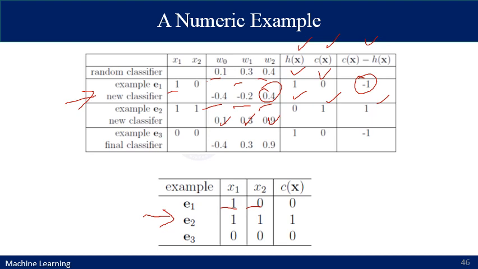And in the third case, you can see all attributes are 0 and the prediction is 1 and the outcome is 0, and the difference is -1. Therefore the weights should decrease again, but this time you can see only W0 is decreased.